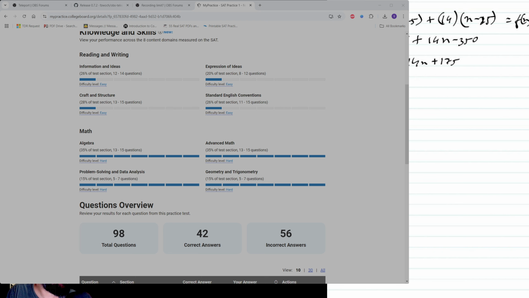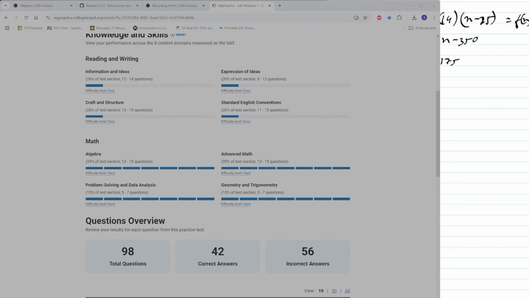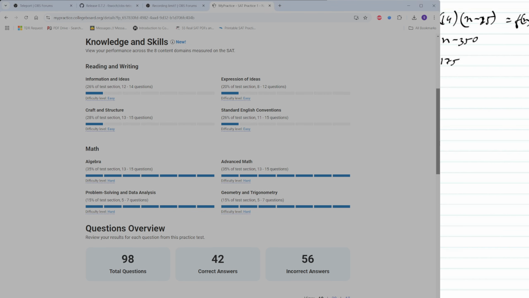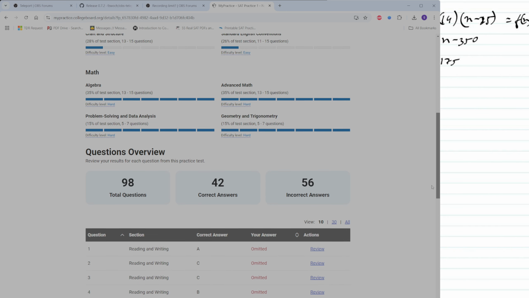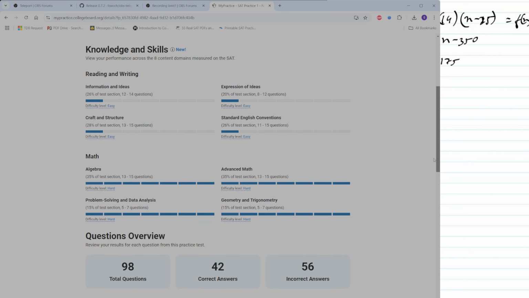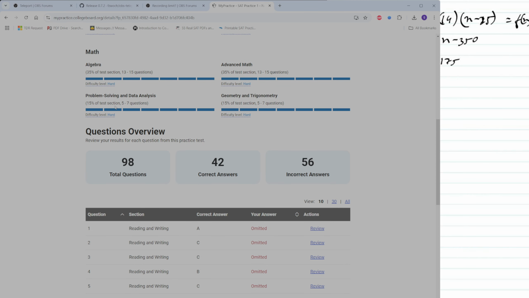I'm going to get rid of this, and we're going to bring in this right here. Okay. So as you can see, this is knowledge and skills. You have to go to the College Board website to actually look at how you did on the practice test. And reading and writing were omitted here, so all we need to worry about is math here.